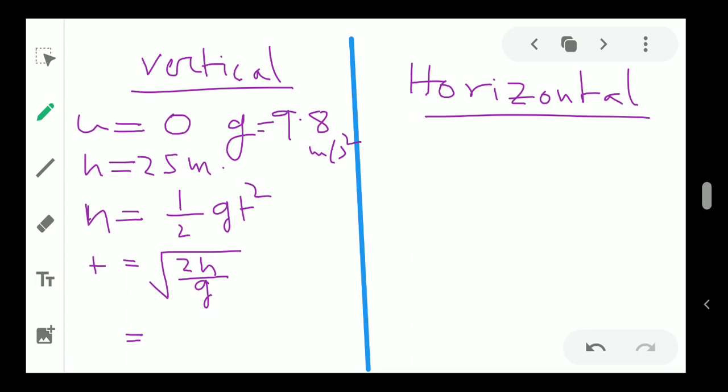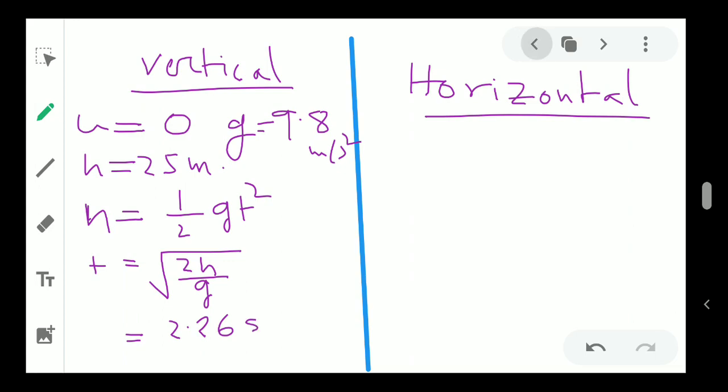Now if I just do it in my calculator, I can see that it's 50 divided by 9.8, so it's almost 2.258, almost. So that means we can say that it's 2.26 almost. So I'm taking the approximate value up to 2 decimals, this much second.